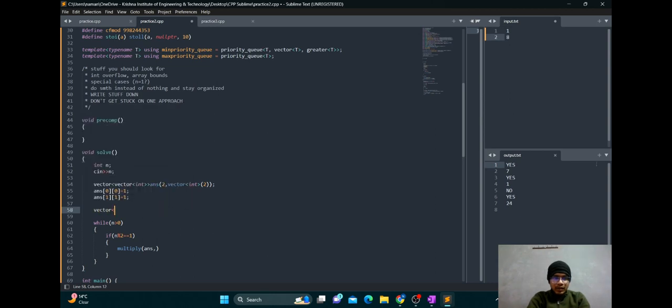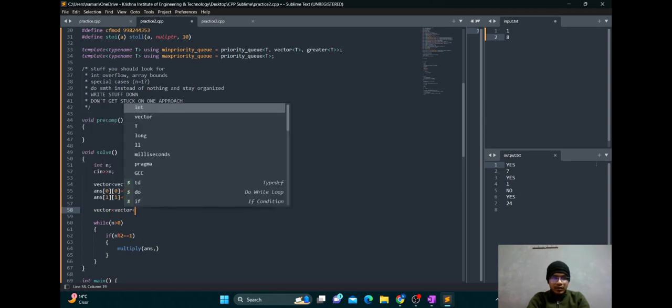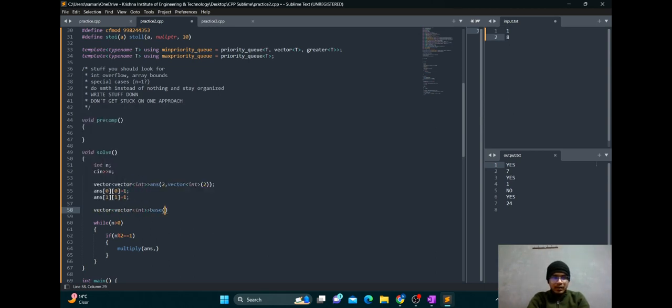Let's make another matrix, base, a vector of vector of int of size 2.